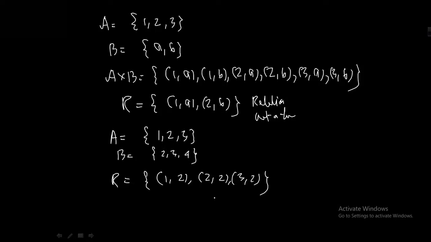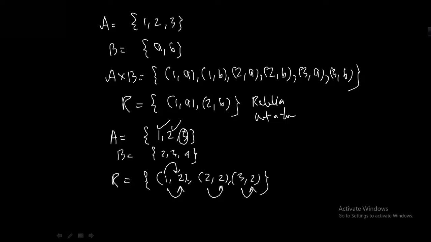Yes. It is a function because 1 is associated to some element, 2 is also associated to some element, 3 is also associated to some element. And most importantly, 1 is associated to a single element.